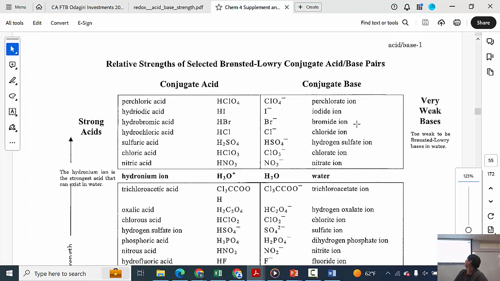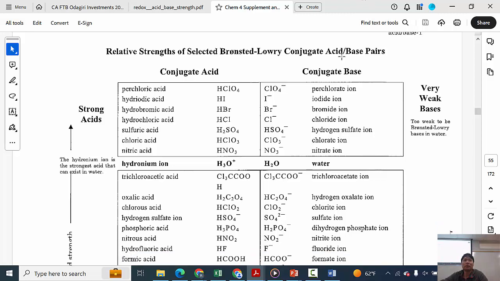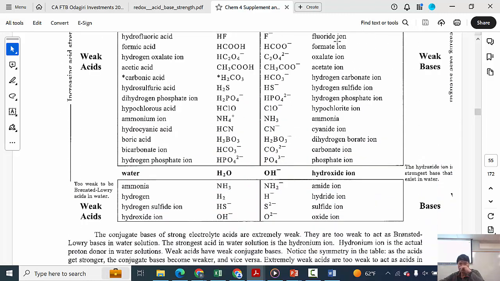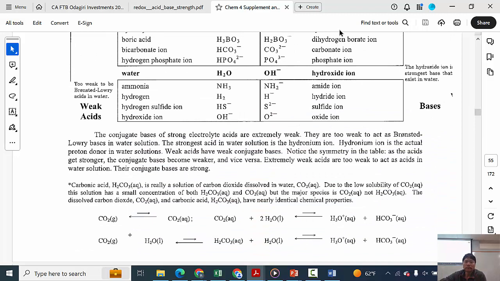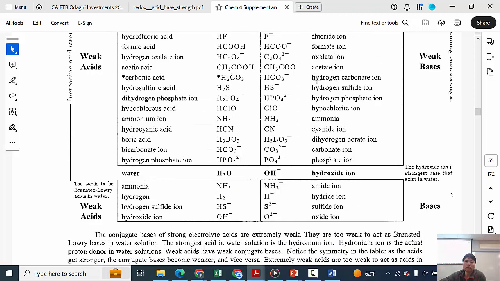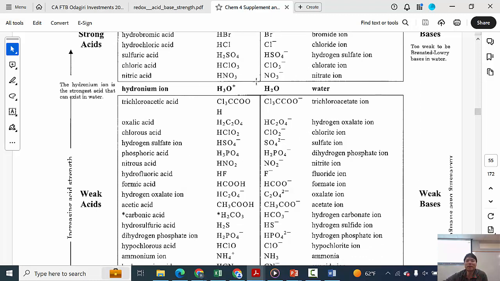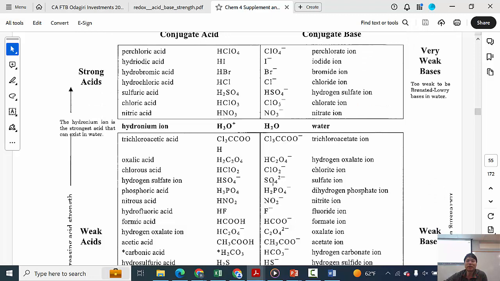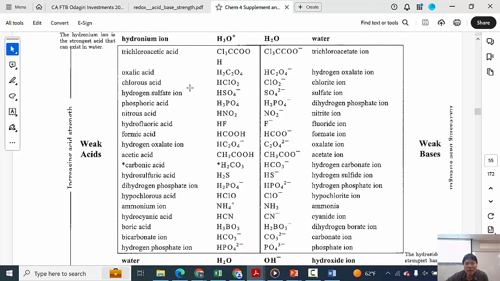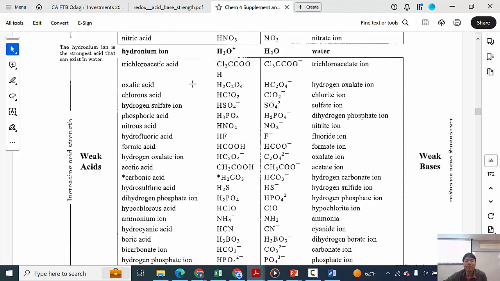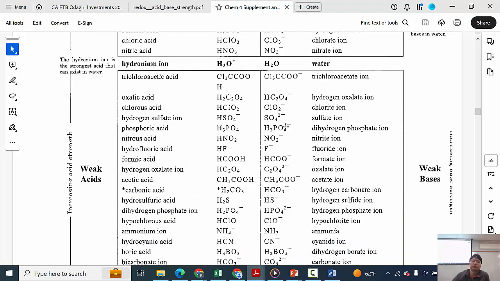Acid base is here near the middle. So we could use this chart. All I did was chop out the center part for my chart here, but it's exactly the same chart. So we're looking at HF here.